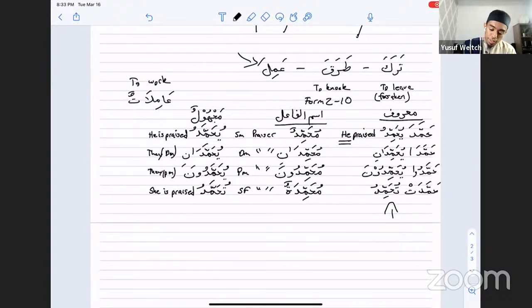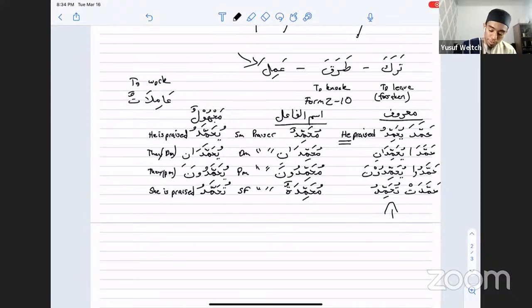Okay. Now, what is the noun version that matches the majhul, the passive verb? What is the derived noun that we use to match that? Ism al-fa'il, the active participle, matches the ma'ruf, which is the active verb. So here we have a passive verb. What's the passive participle called? Mahmud. Yeah, so that's what it ends up being.